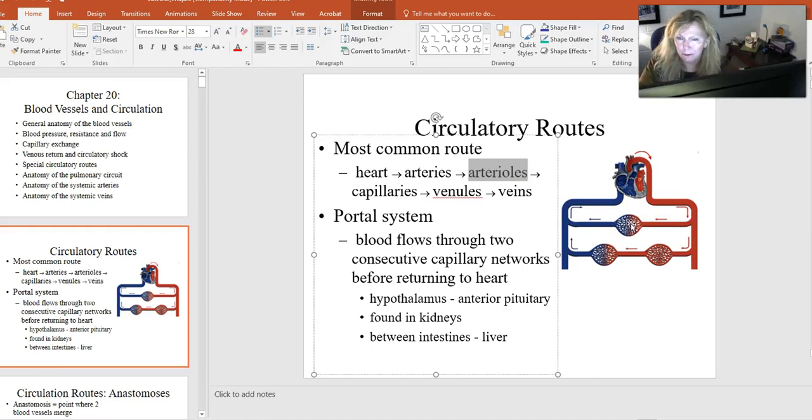Our tissues are being fed with oxygen from the blood and with nutrients and even with fluids at a capillary level. So all tissues are infused with these capillaries. This is where that is actually occurring.